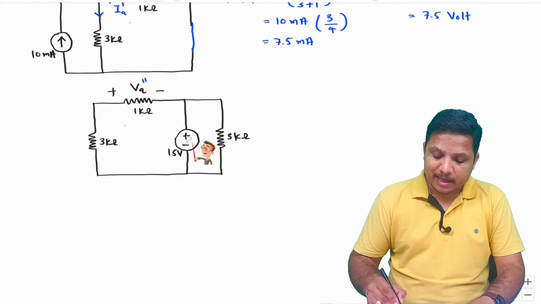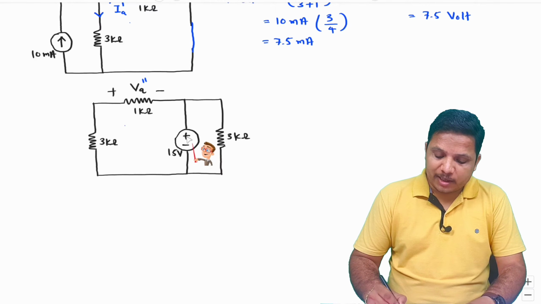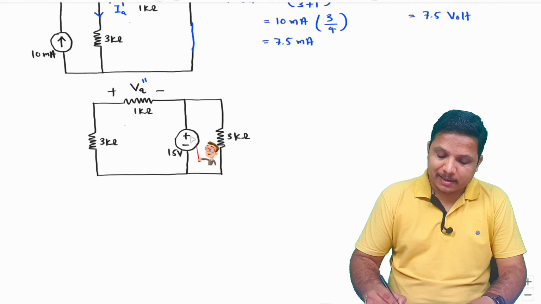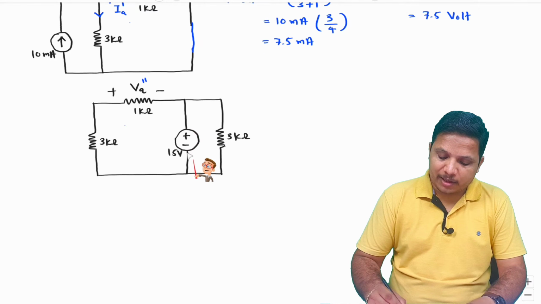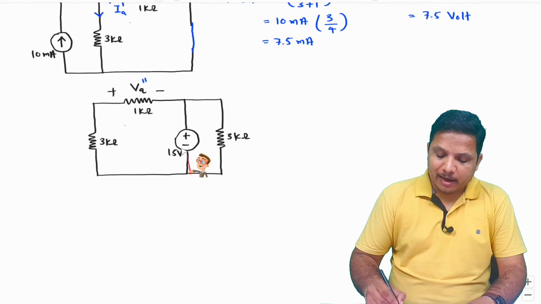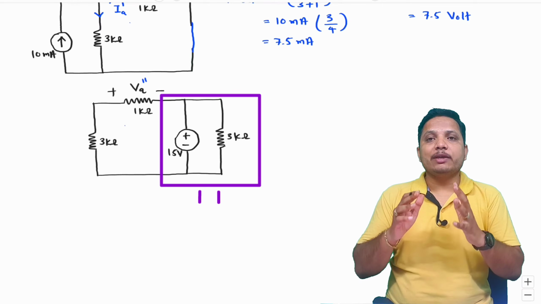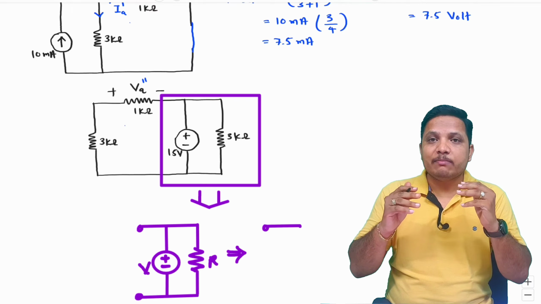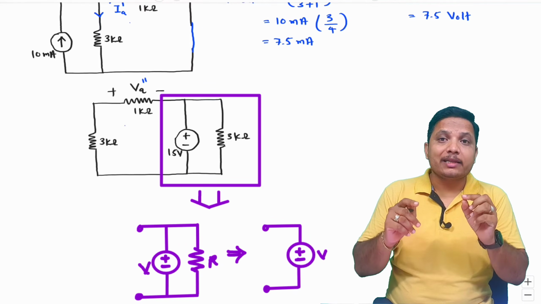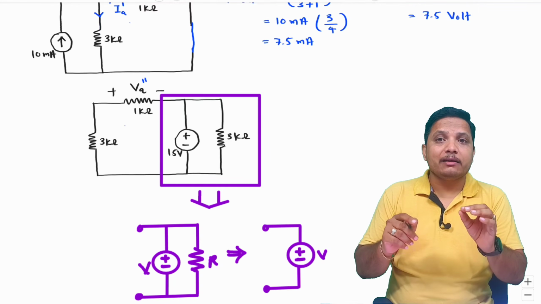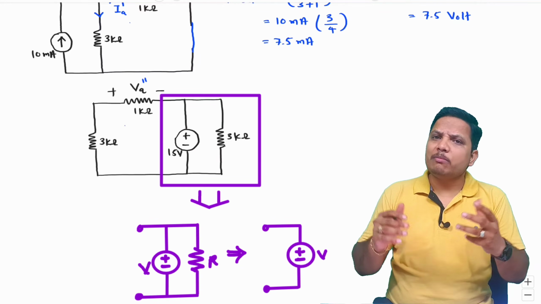Now here if you observe, this voltage source has this 3k ohm resistor connected in parallel with it, right? And whenever you want to simplify a network, any resistor connected in parallel with a battery may not be considered.